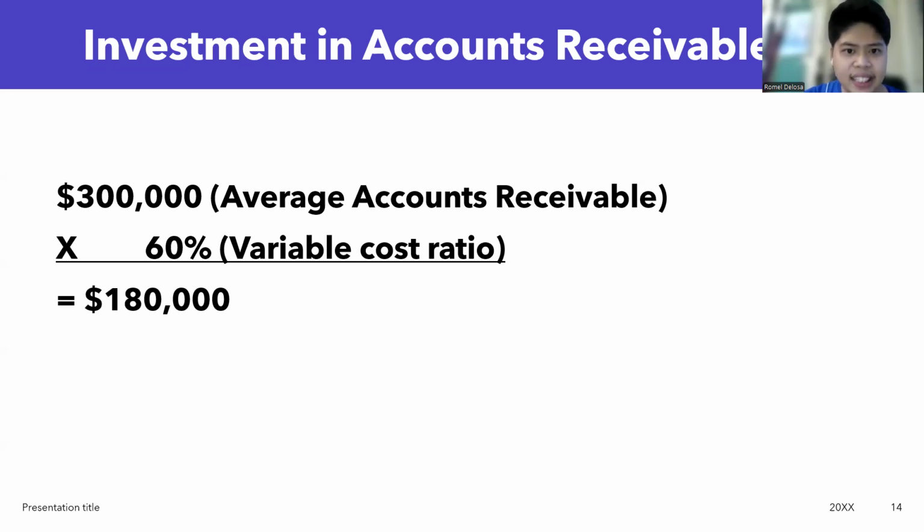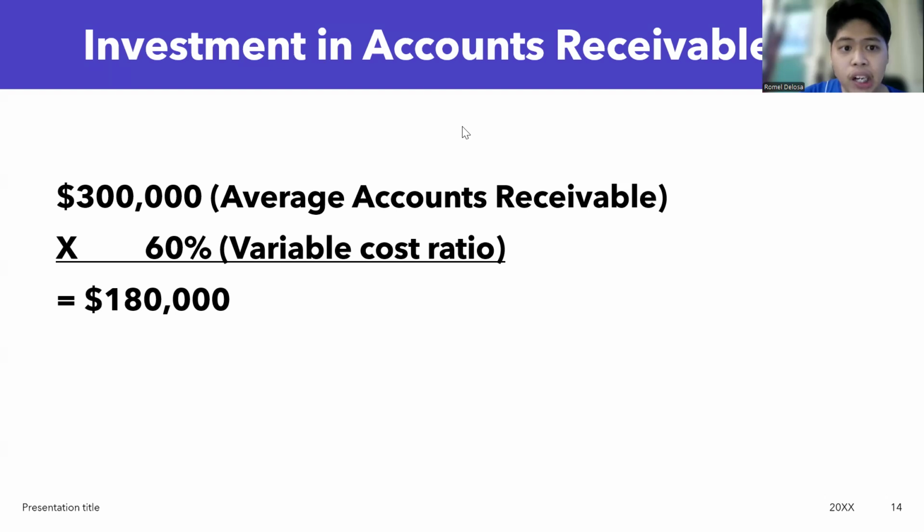Ang context kasi guys is, when we talk about receivables, ano ba yung gusto natin ma-achieve? Ang gusto natin ma-achieve is, at the very least man lang, yung ginastos natin sa inventory, mabawi natin. Gusto natin yung cost ng inventory na binili natin, at the very least man lang, mabawi natin siya. So that's why minu-multiply natin siya sa variable cost ratio.